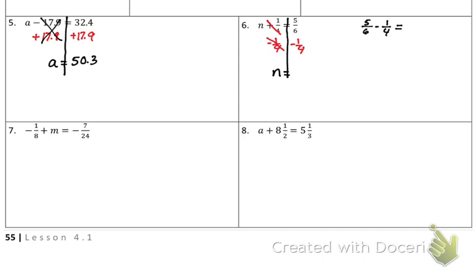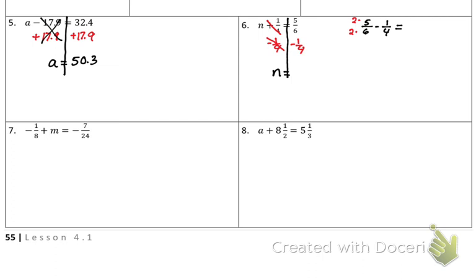I need a number that 6 can go into, that 4 can go into as well. 12? 24? 24 would work too, but 12 is a little easier, okay? All right, real quick, how do I turn, using multiplication, 6 into 12? Times 2. That means I need to do it to the top as well.